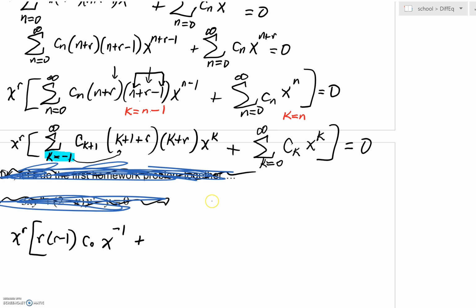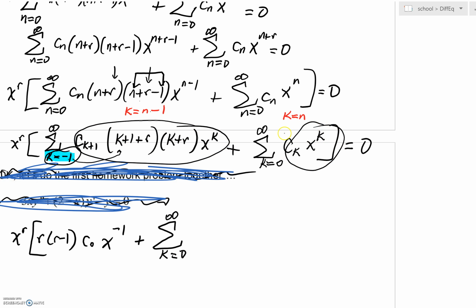Guys, from there, you're going to notice that the two counters will be identical. They're going to be one and the same. They're both going to go from k equals 0 to infinity. And now what? Now we can join these into one summation. I can even factor that x to the k out, and we'll do that actually in a moment.